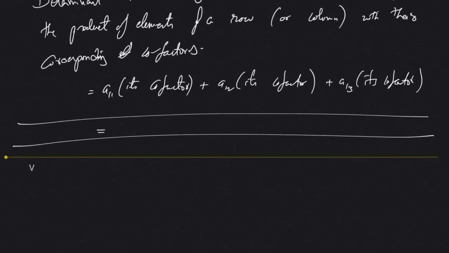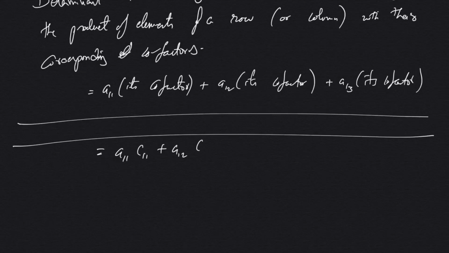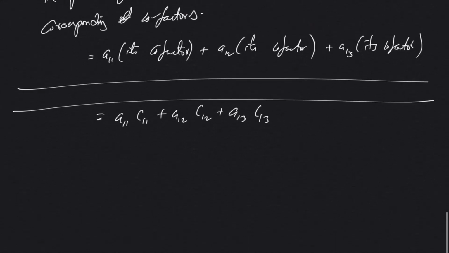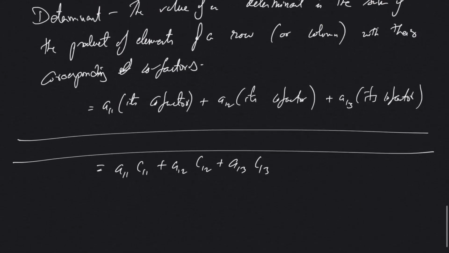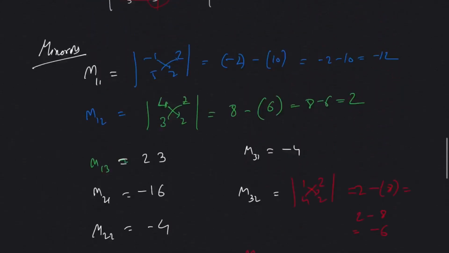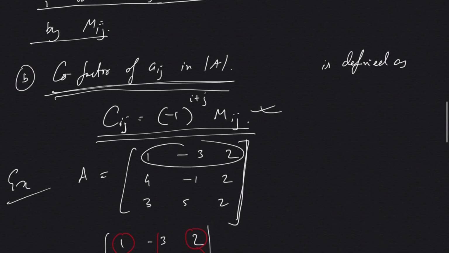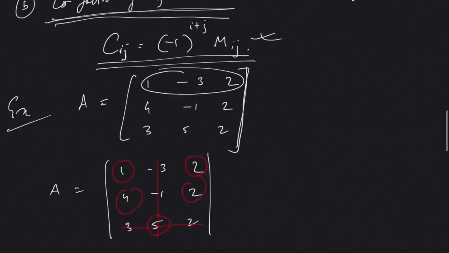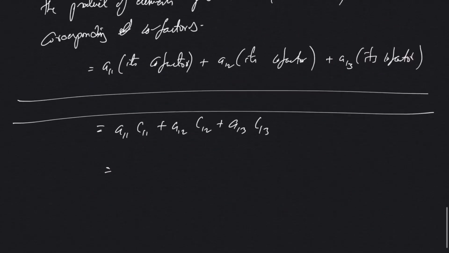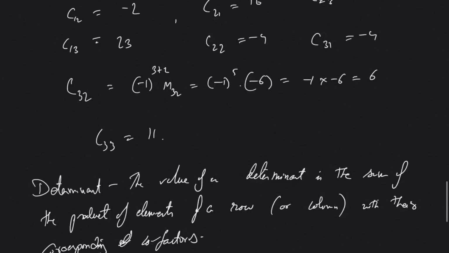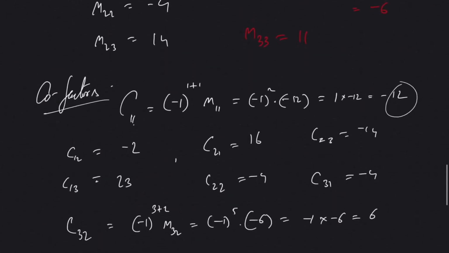So that will be actually A11 C11 plus A12 C12 plus A13 C13. You can go for any particular row or column. I have gone for the first row, so that will be 1 into C11.